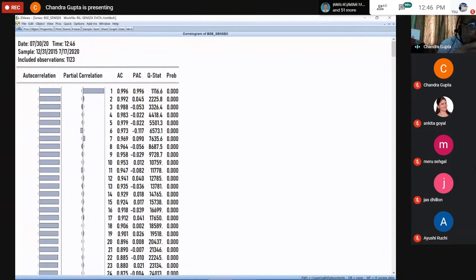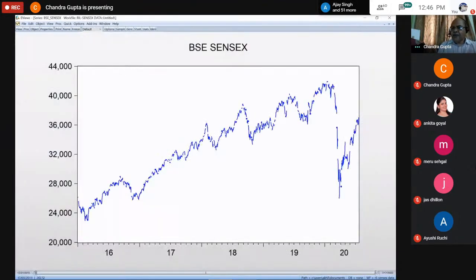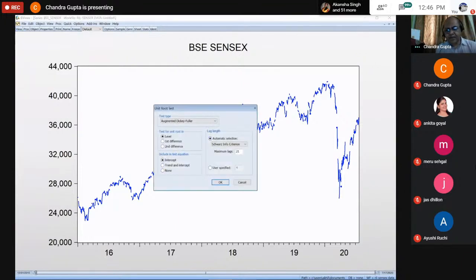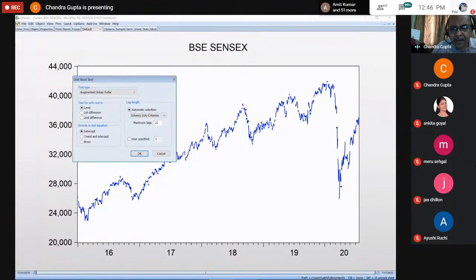If you want to see the graph again, you click on graph, and that's what the graph looks like. Go to View again, and you will find an option of unit root. If you see the graph clearly, you'll find the graph has a trend, and it also has an intercept. I click on it and say okay.